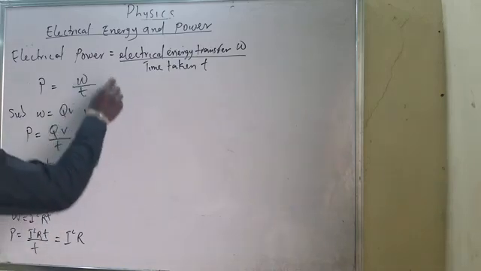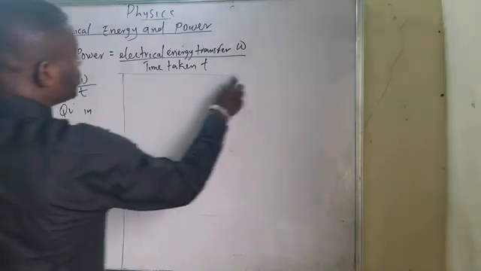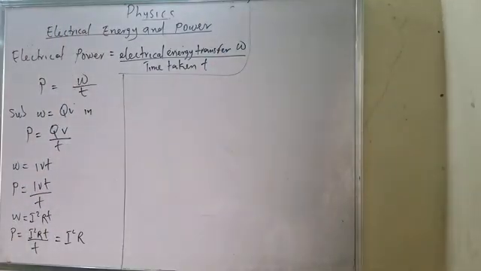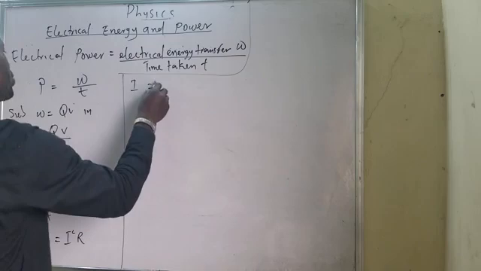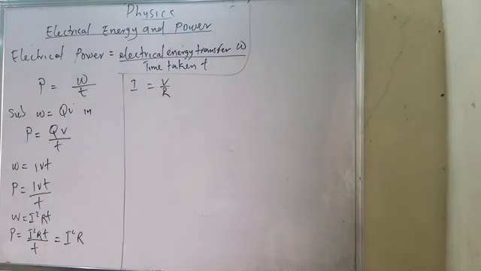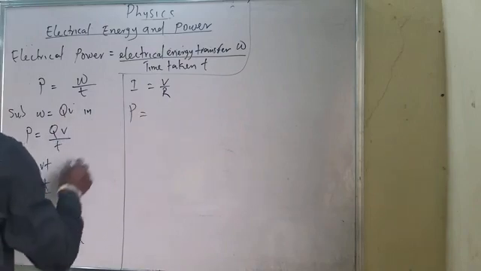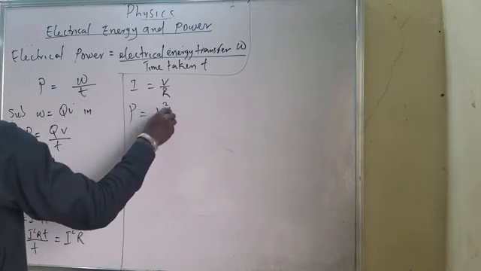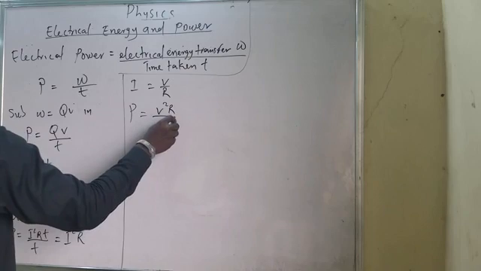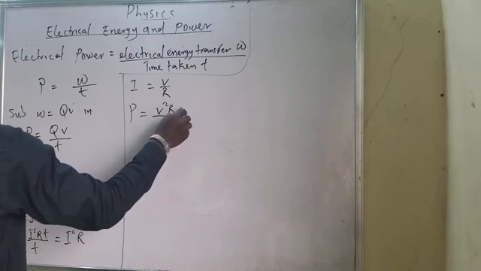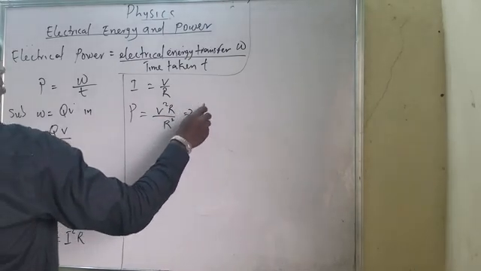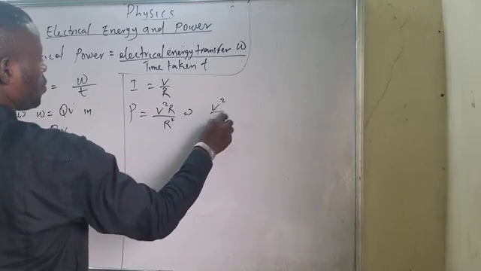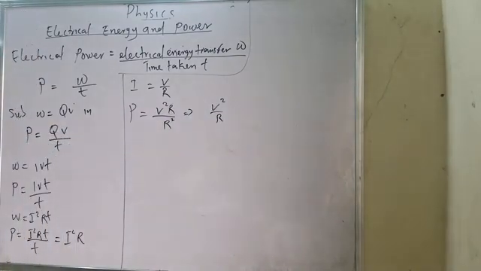I can also say that I equals V over R, so my power can also be equal to V squared over R, which also implies V squared all over R.